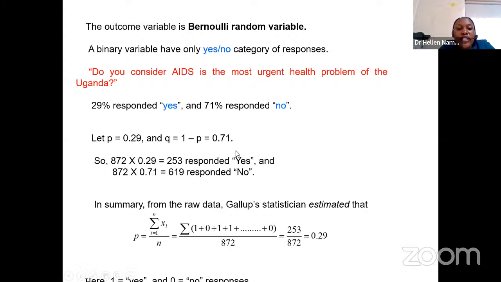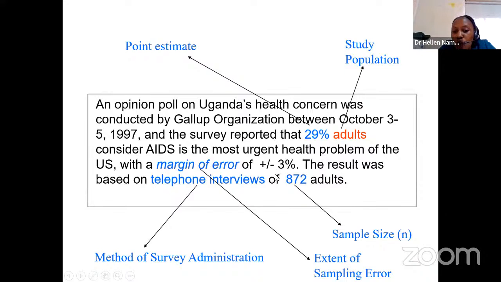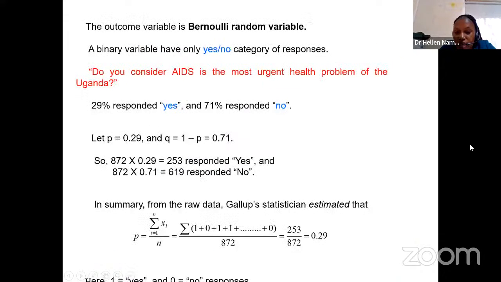For us to get the total number of respondents that responded yes, we know the total group, which is 872. That is our sample size.